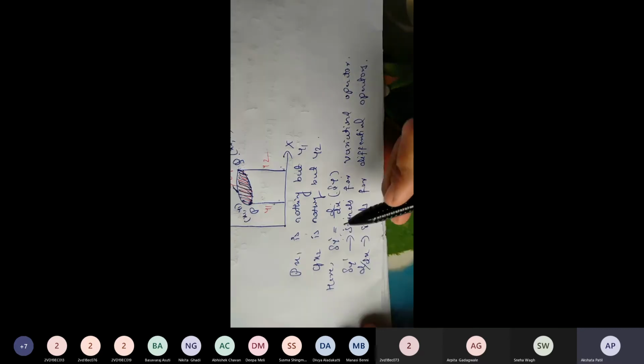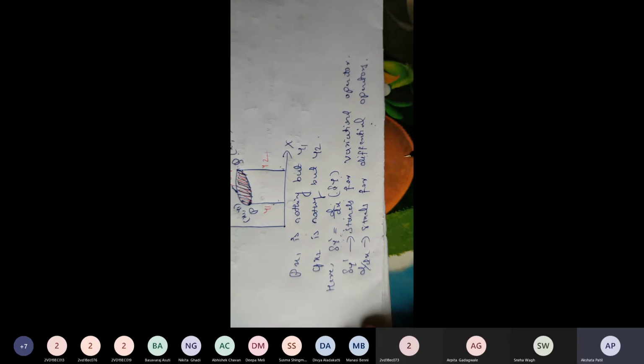Commutative means delta y dash equals d by dx of delta y, so they are interchangeable. I hope you understand this up to this many steps.